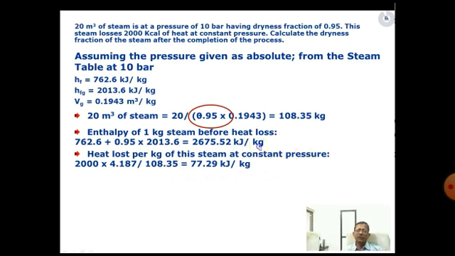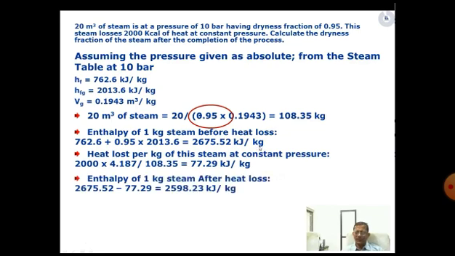Now after this loss of heat, the new enthalpy of the steam we can calculate as 2598.23 kilojoule per kg. Now this was already a wet steam and it has lost further energy. Therefore it will be still a wet steam with a dryness fraction less than 0.95.